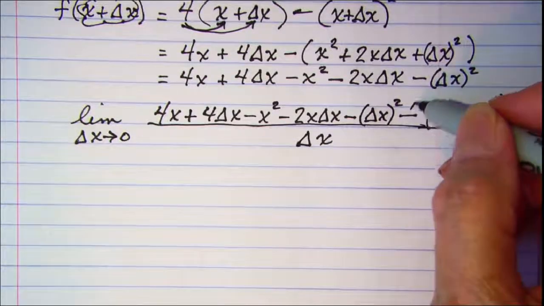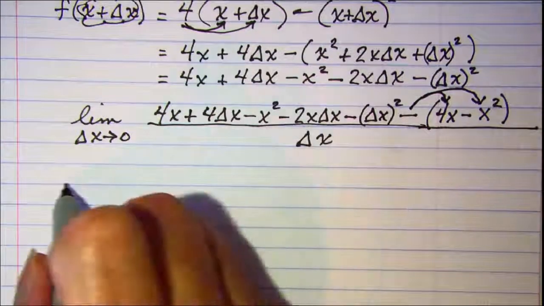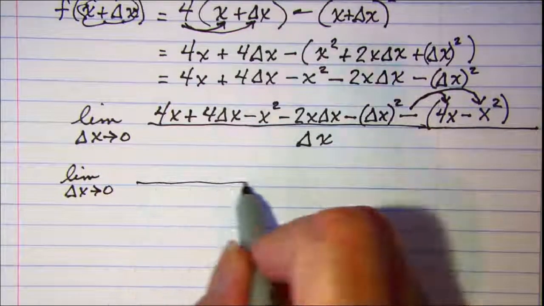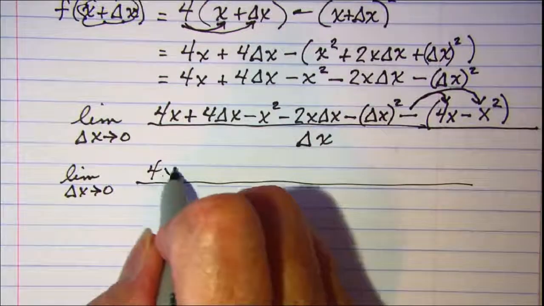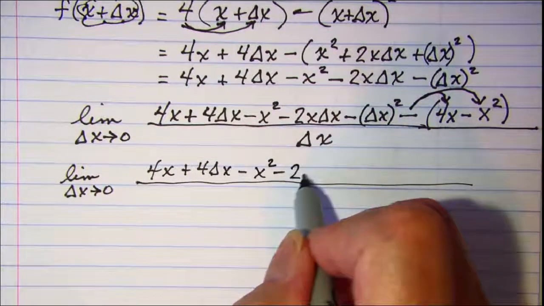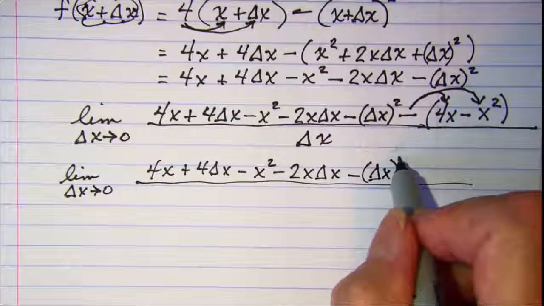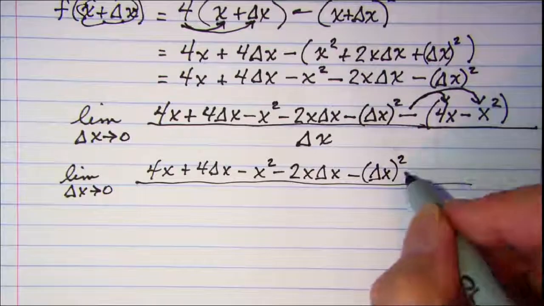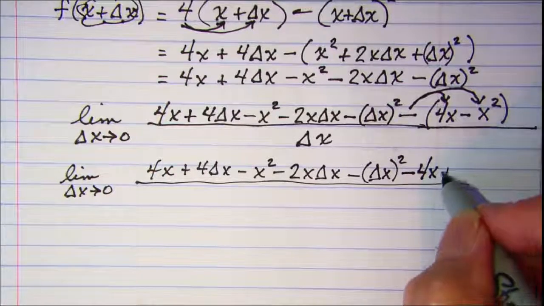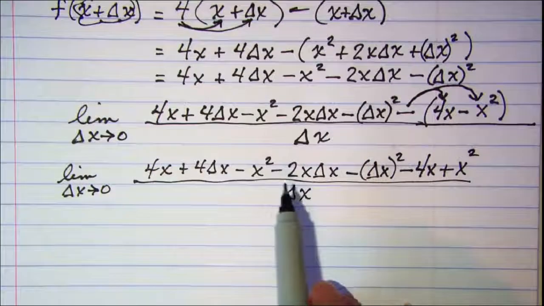Let's distribute this negative. So I'm calculating the limit as delta x approaches 0. I'll copy. And then this minus comes in and makes that a negative 4x. And comes in and makes this a positive x squared. And then all over delta x. Alright, let's see if some things cancel.